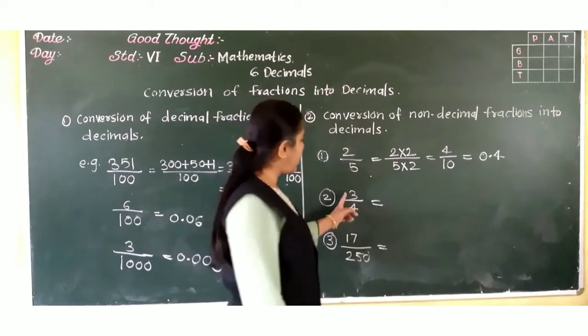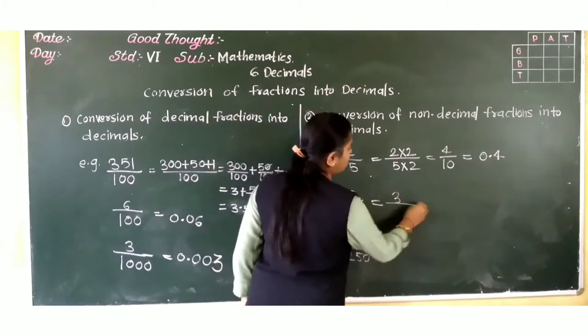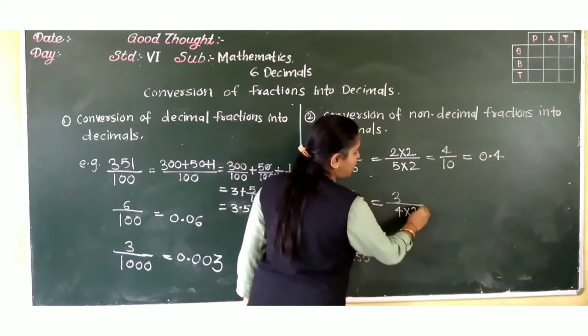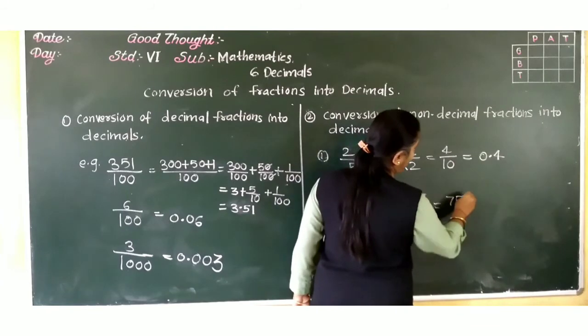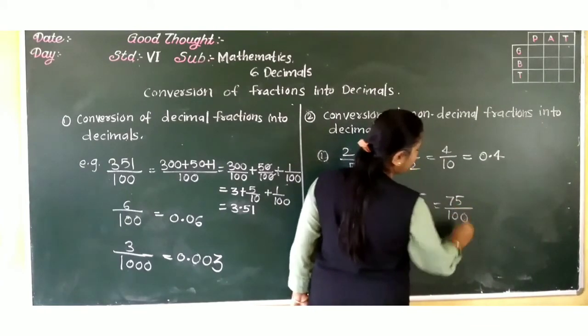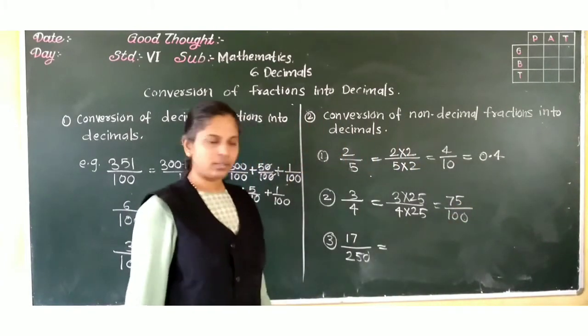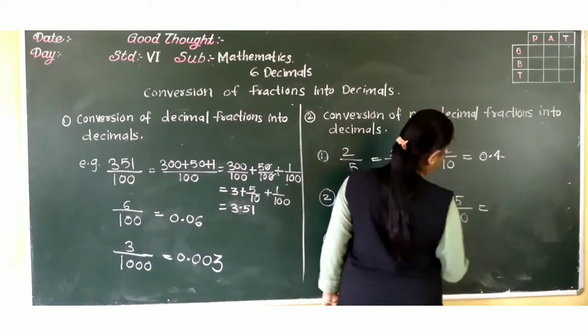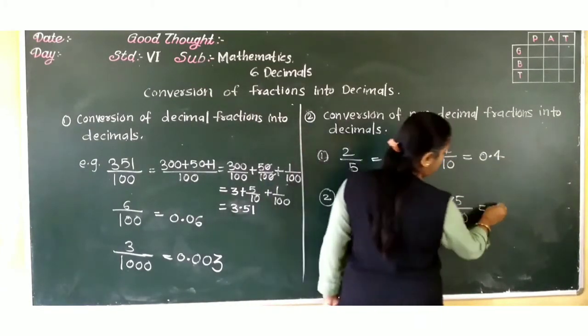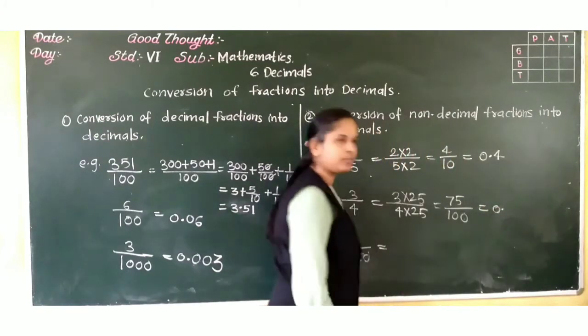Okay. Next, now 3 upon 4, if I multiply by 25, 25 threes are 75 and 25 fours are 100. Correct? That is, whole, is any whole number there? No. So 0 point.